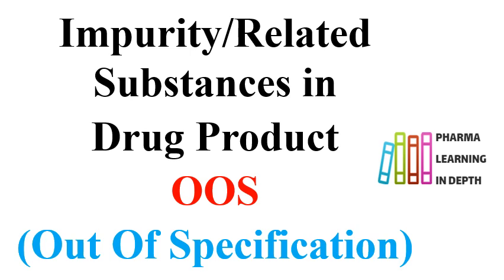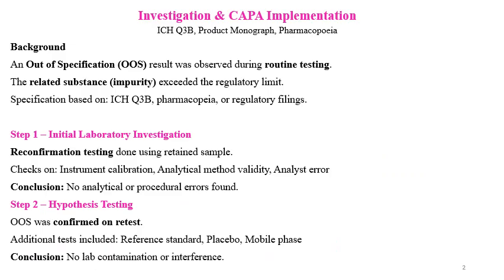This video is related to the impurity specification OOS, or you can say related substances OOS. Out of specification means not meeting the specified criteria, specified limits, or the specification. The out of specification result may be observed during the routine testing.